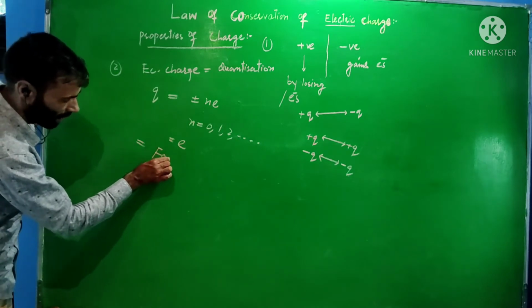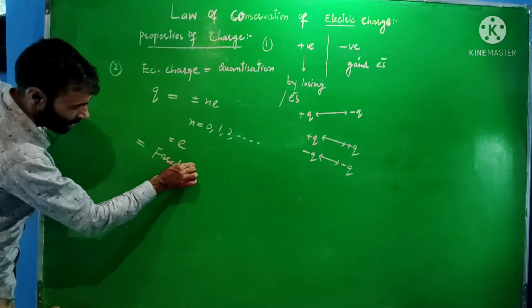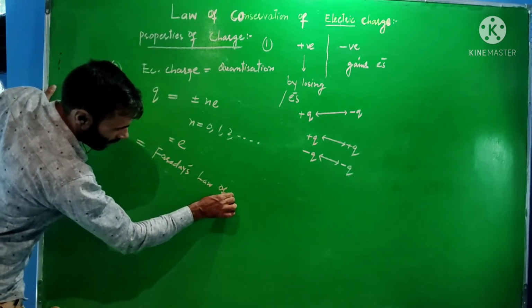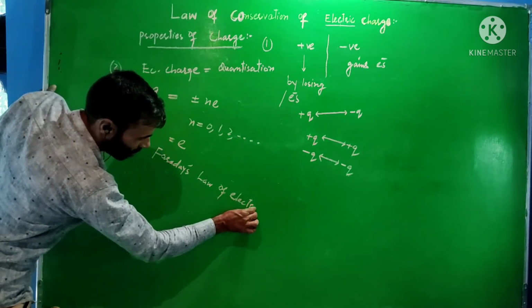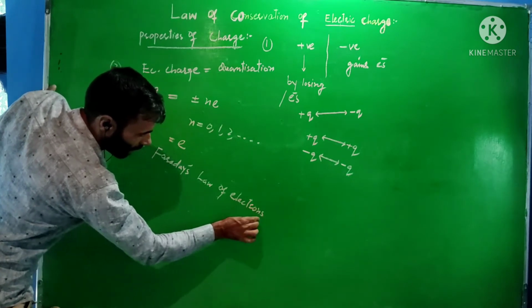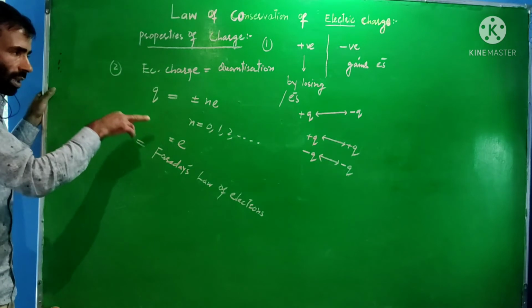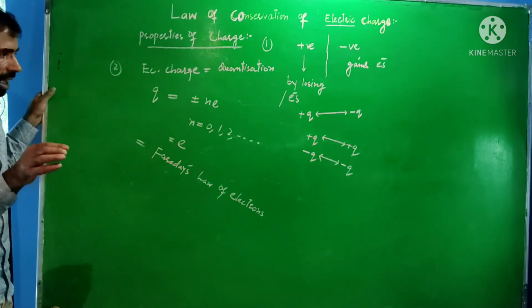I can say we can explain this quantization of electric charge within Faraday's laws of electrolysis. After that, Millikan's oil drop experiment also confirms the quantization of electric charge. So there are many experiments for this. At the microscopic level, we can say there occurs quantization of electric charge.